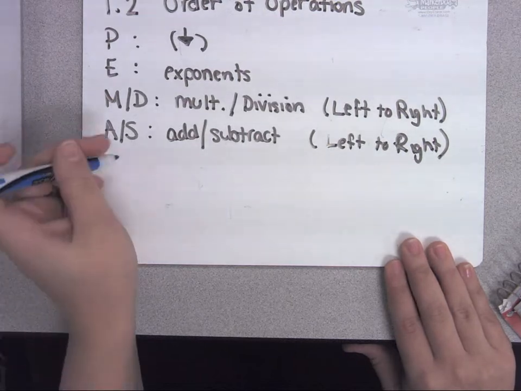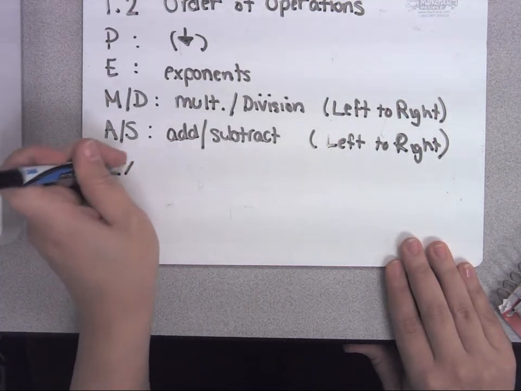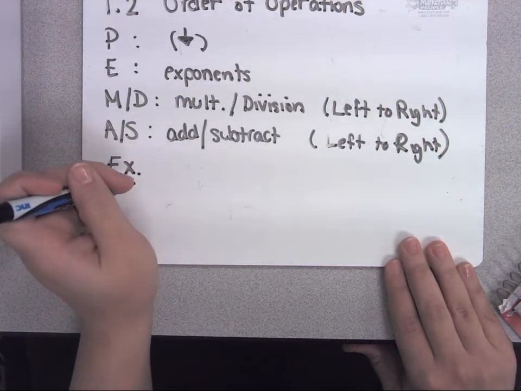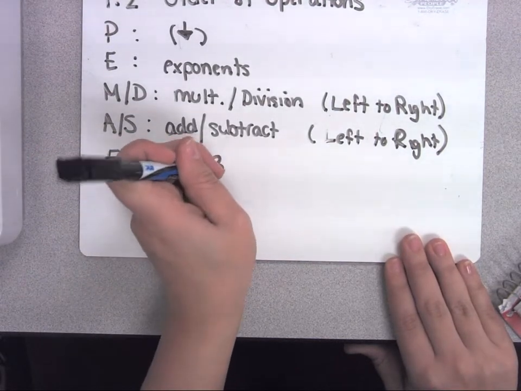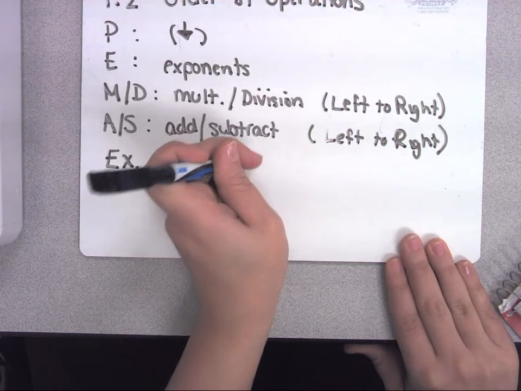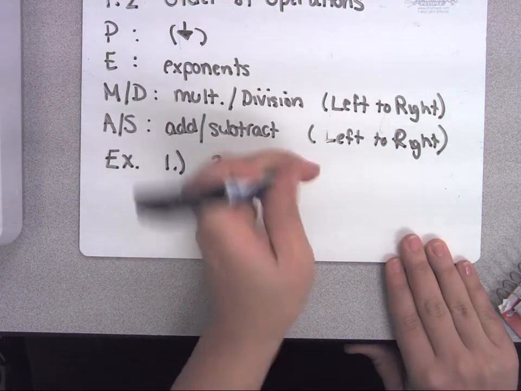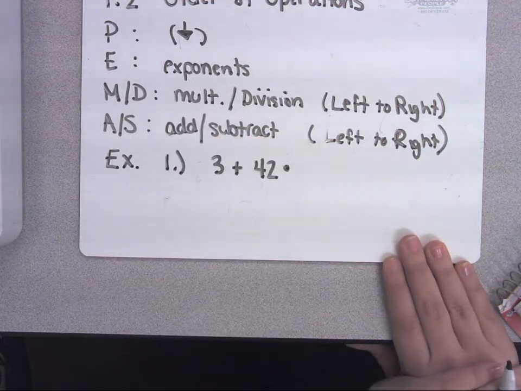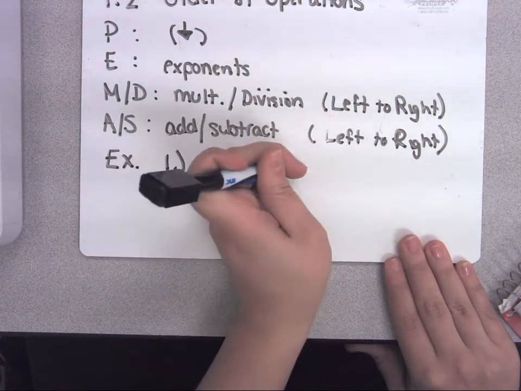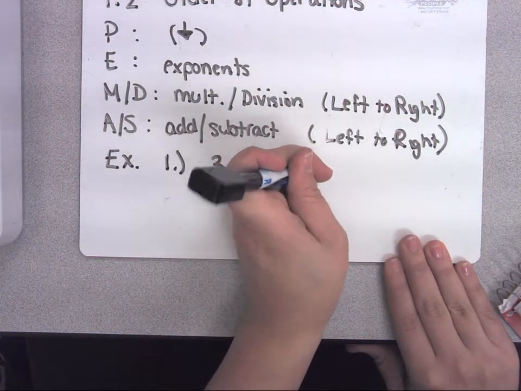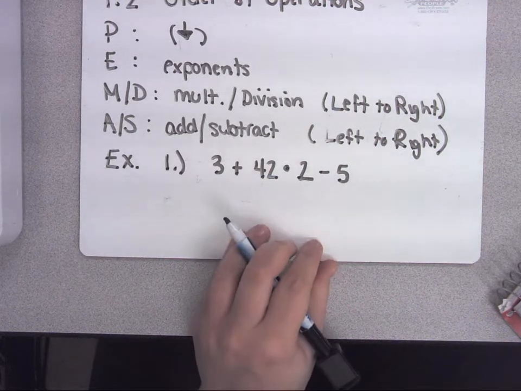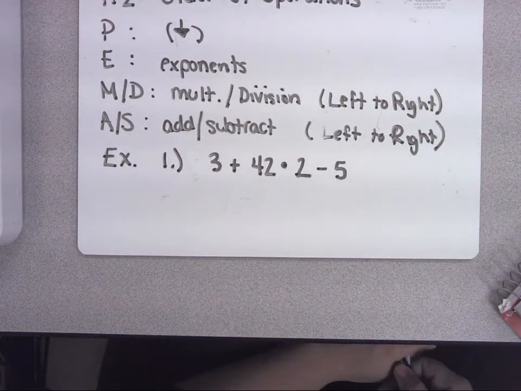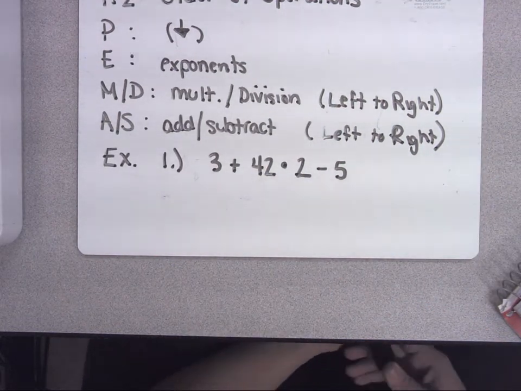So this is the most basic example I could ever give you in your entire world. Okay, promise. 3 plus 42 times, remember we use a dot for times, not the x, 2 minus 5. In this problem, what do you actually do first, Krista?